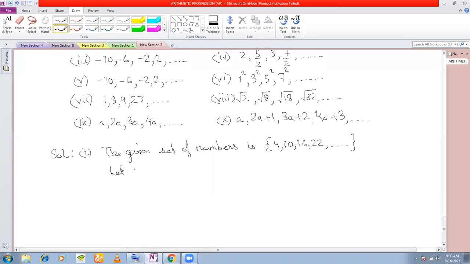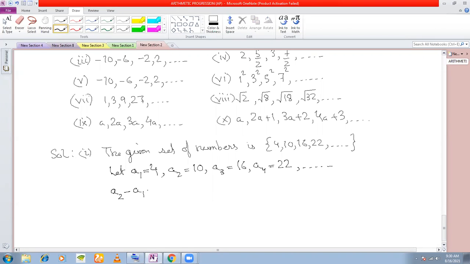Suppose I take A1 is equal to 4, A2 is equal to 10, A3 is equal to 16, A4 is equal to 22, and so on. Okay. Now we shall check whether this is an AP. How to check? A2 minus A1. First find out.